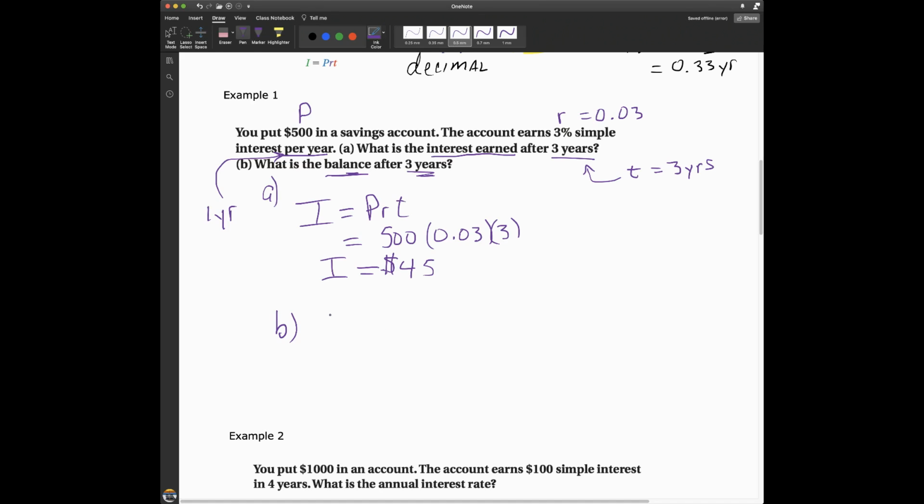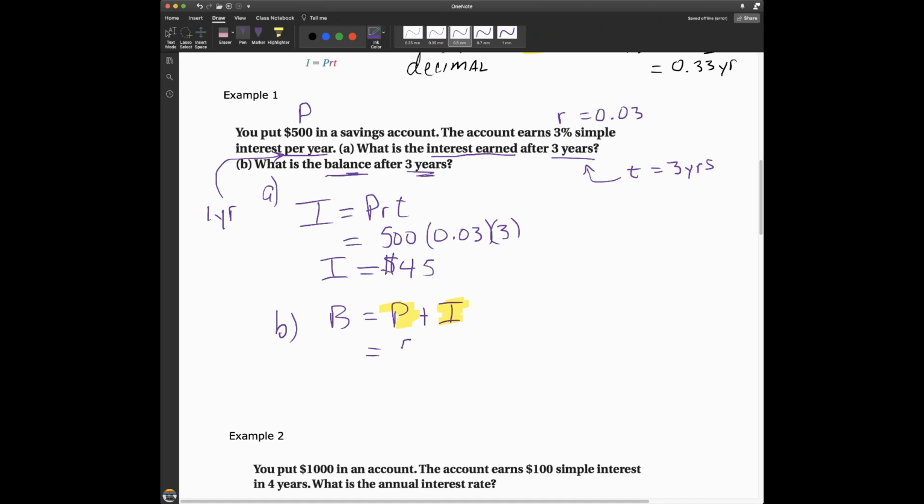So here's a little formula for balance. Balance, we'll call it capital B, equals the principal plus the interest. It equals how much money you started with in the bank plus how much money you have earned while your money's been sitting in the bank.